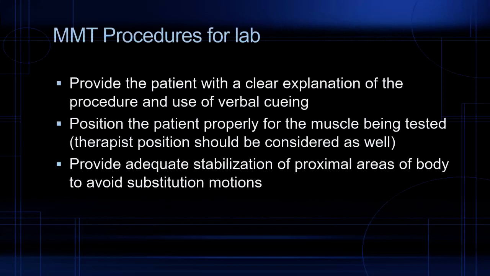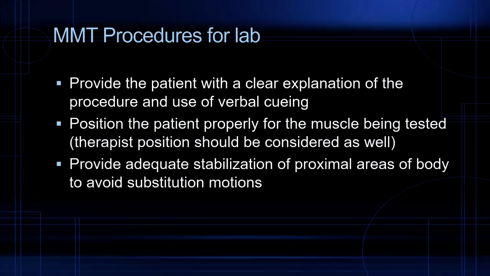So when we get to lab, here's what you're going to need to know how to do, especially for your skills checks. And I do have your rubrics posted so you'll know exactly what Claudia and I are going to be grading on. You have to provide the patient a clear explanation of the procedure, and you have to use good verbal cues. If you guys get lazy and just say, okay, contract this muscle, no, that's not going to fly. The patient's not going to know that.